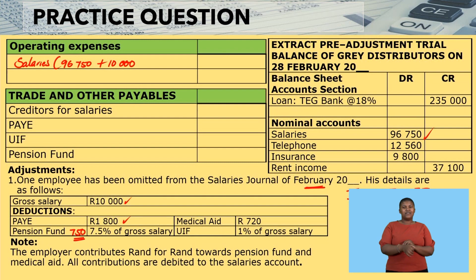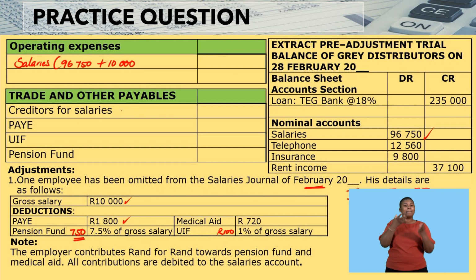On my UIF, it is 1% of the gross, 1% of 10,000, and that will give me 100 rand.